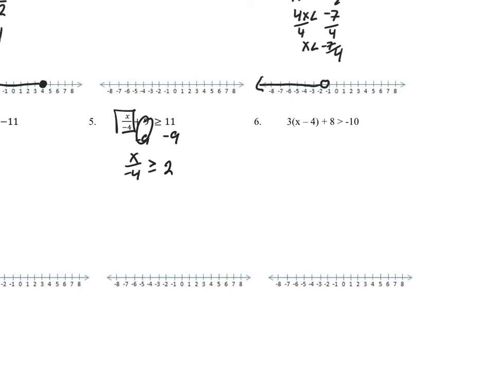Okay, now that's divided by negative 4, so we want to do the inverse operation, which is multiply. Now here's where our very special inequalities-only rule comes in, which is if we're dividing or multiplying by a negative, we've got to flip that sign. That's what a negative does. So negative 4 over negative 4 is 1. We have x is, flip it, less than or equal to negative 8.